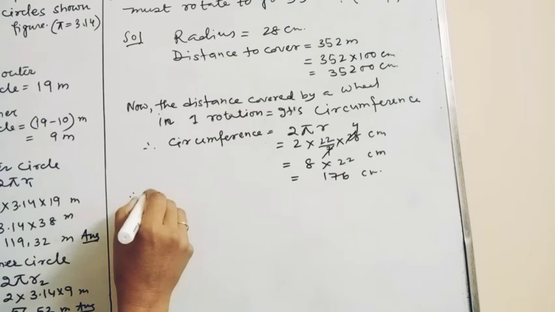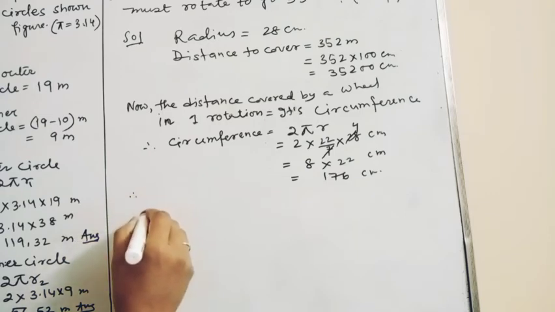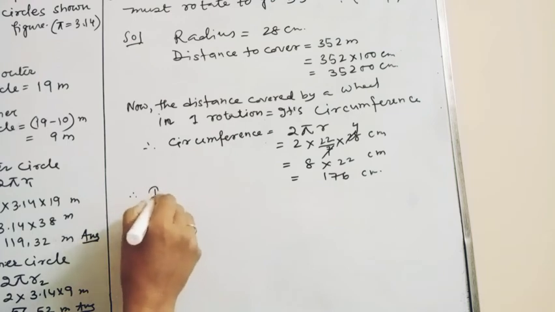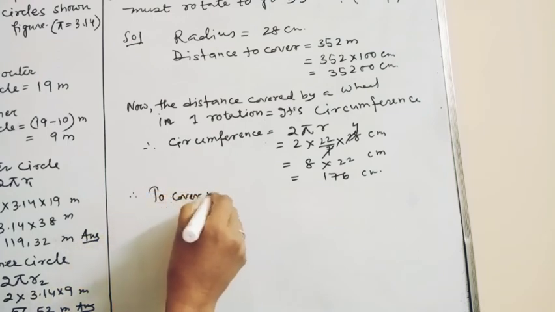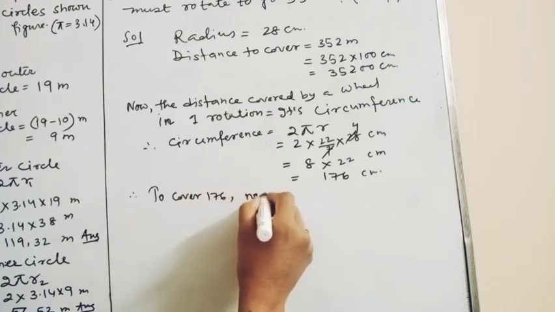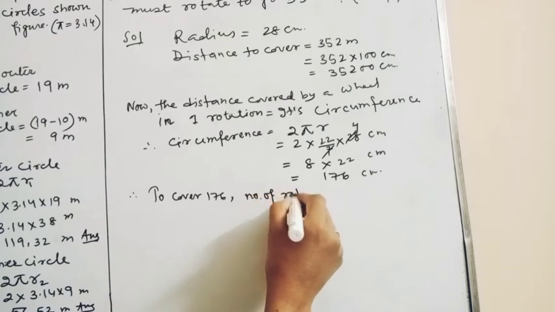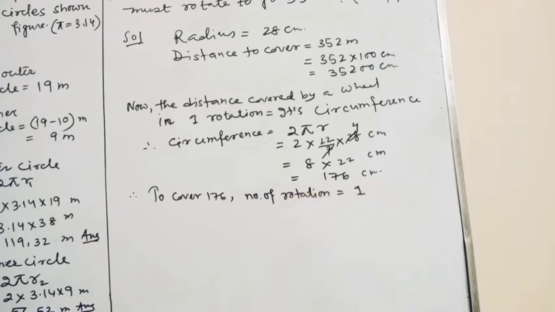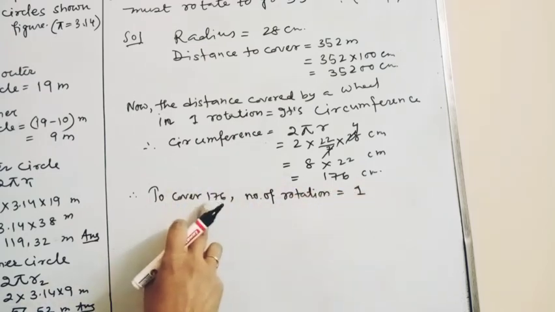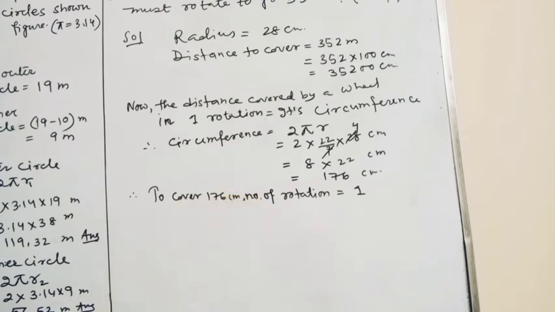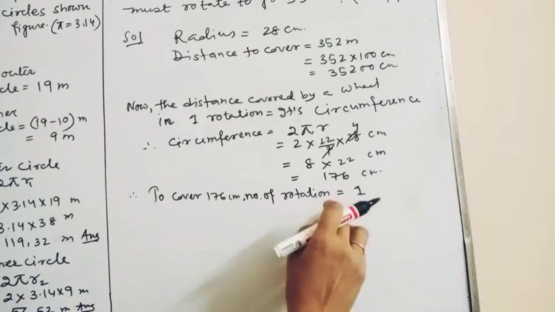Therefore, how many times will the wheel rotate to cover 176? Number of rotation is one, because one circumference is one rotation. To cover 176 centimeter, number of rotation required is 1.